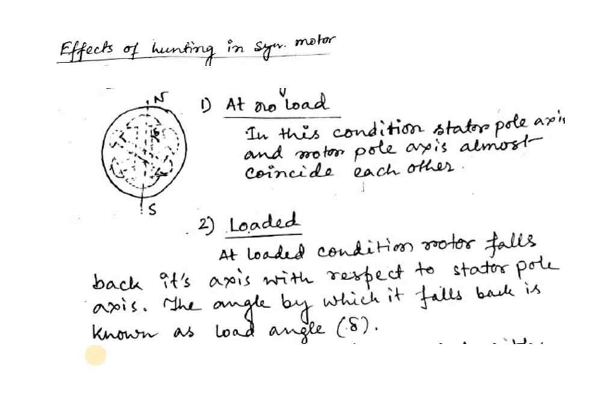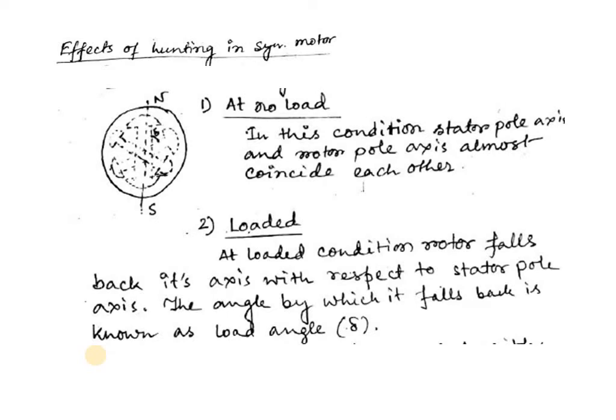At no load, stator pole axis and rotor pole axis almost coincide with each other. We can understand that at no load, the stator pole and rotor pole just coincide with each other.